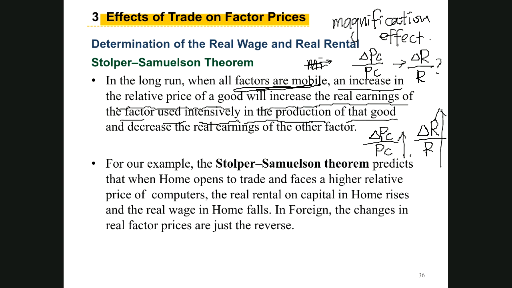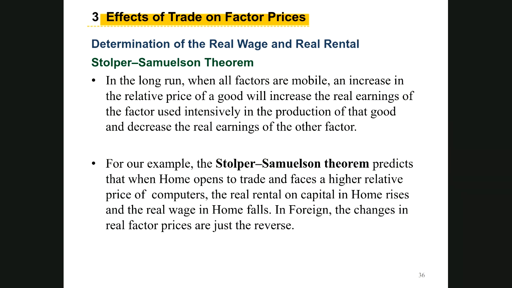Okay, so let's stare at this statement a little bit. What does the Stolper-Samuelson theorem tell us? First of all, an increase in the relative price of a good. Here, in our example, it is PC over PS.